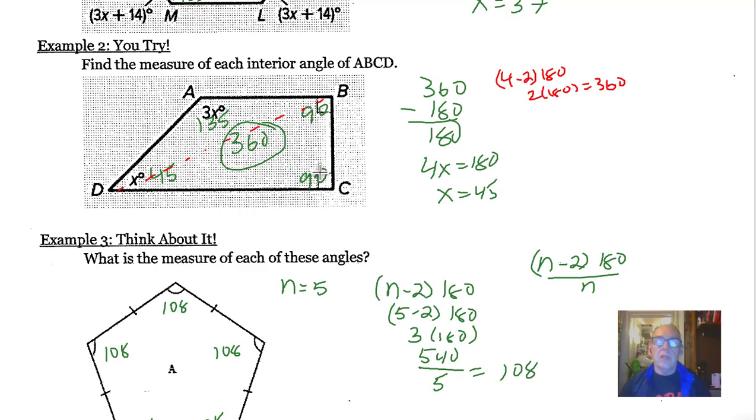This is a 90, another 90, and 4 x's. So 4 x's plus 180 makes 360. Take 180 away from both sides. 4 x's is 180, so x is going to be 45. So this angle is going to be 45 degrees, and this angle is going to be 135, which is 3 times 45. Altogether, these are going to add up to 360 degrees.